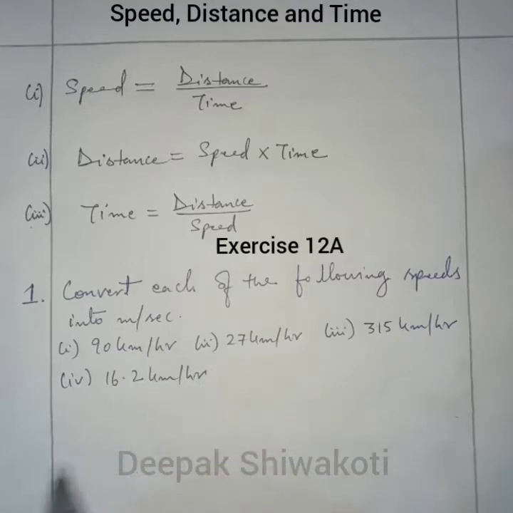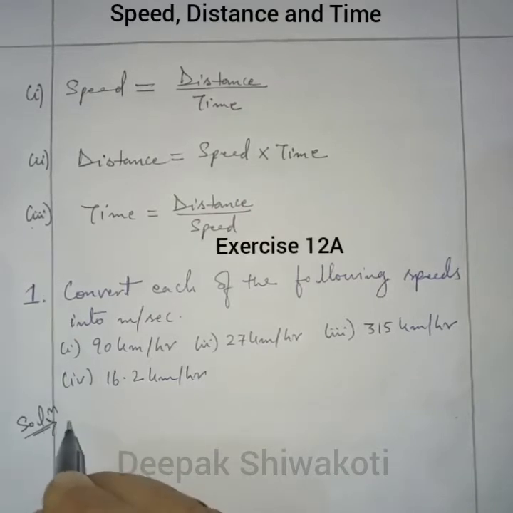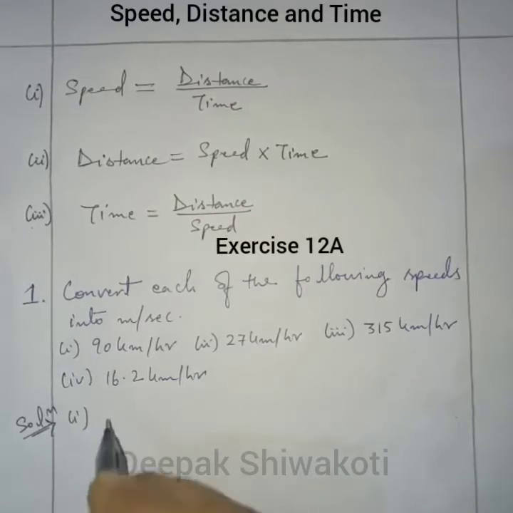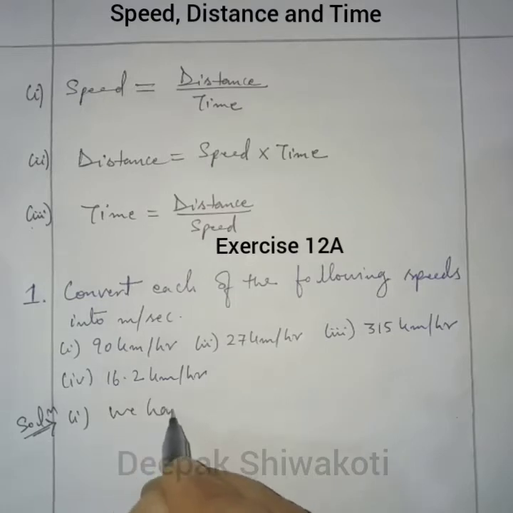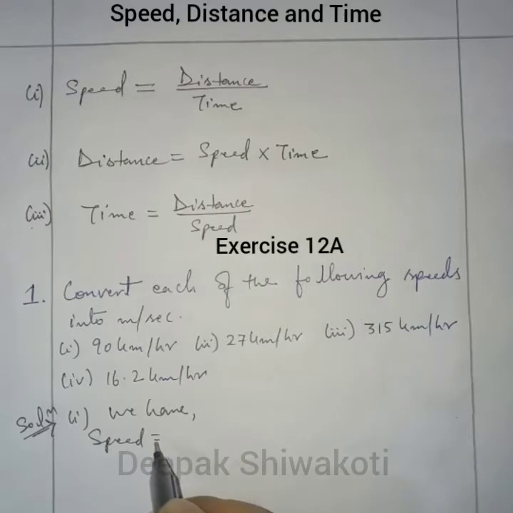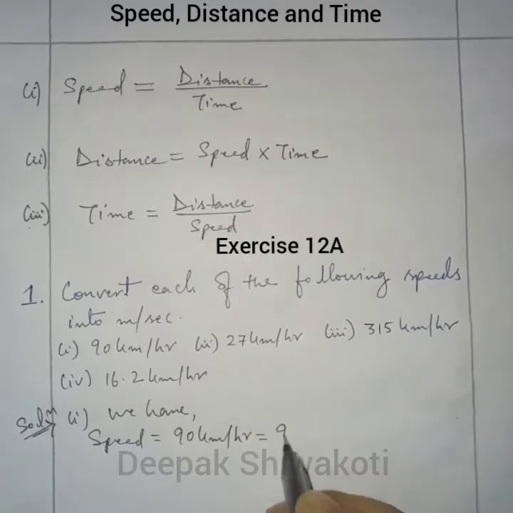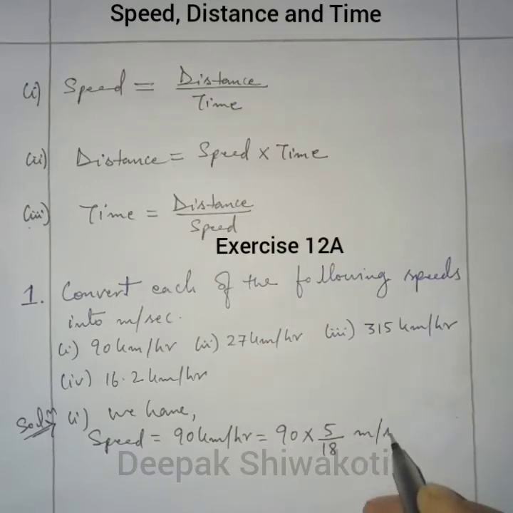So here, solution. Number 1, we have speed given as 90 kilometer per hour. If we multiply this 90 by 5 by 18, the unit will change to meter per second.